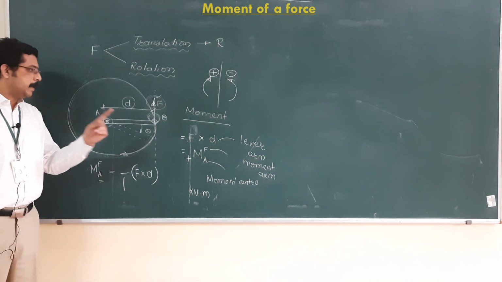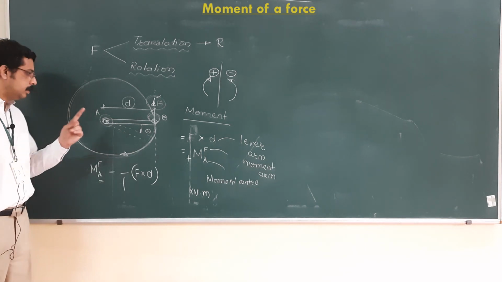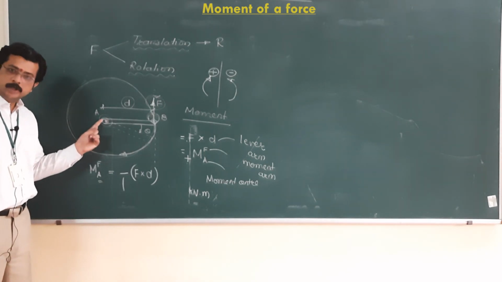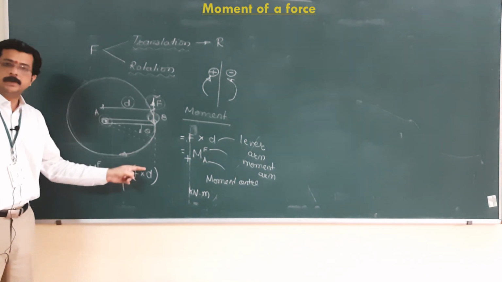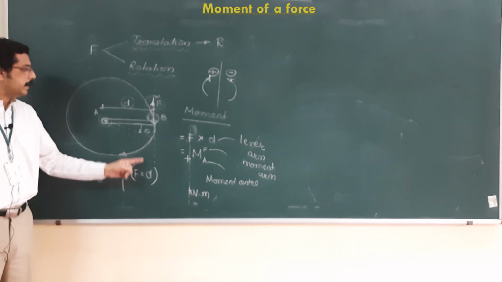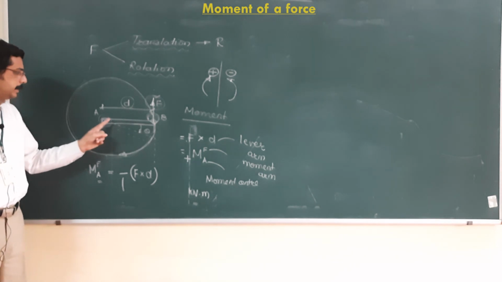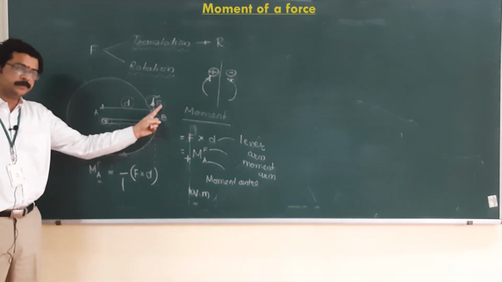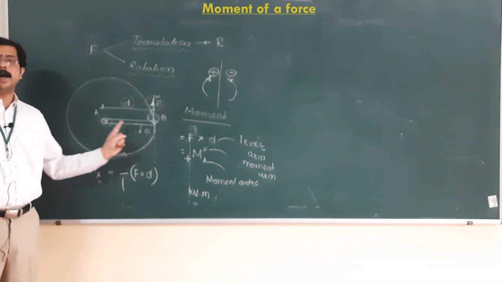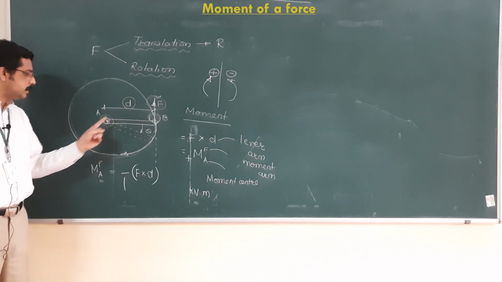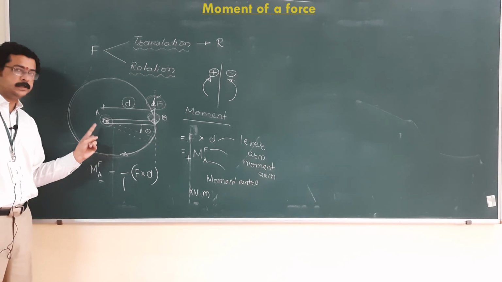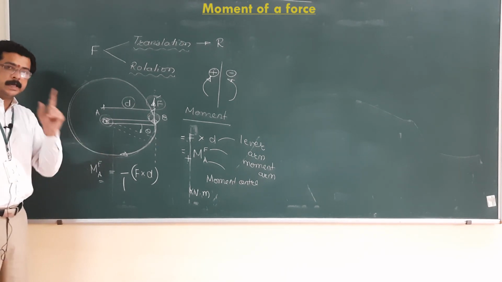As we discussed, the perpendicular distance should be between the given point about which we want to find the rotational effect and the line of action of the force. Hence, F multiplied by D, F the magnitude of the force, D the lever arm. This will give us the moment of this force about the center of rotation, that is about point A.